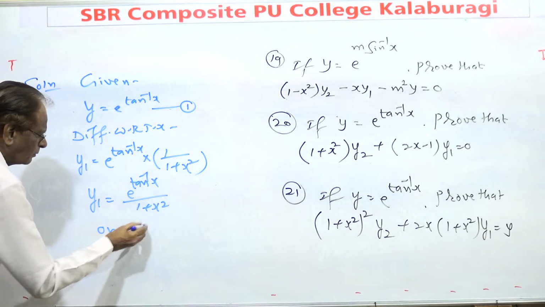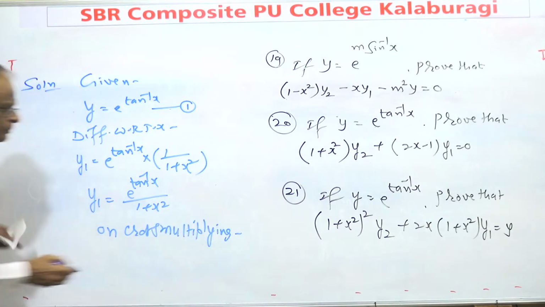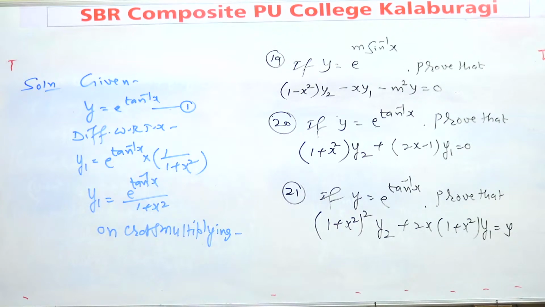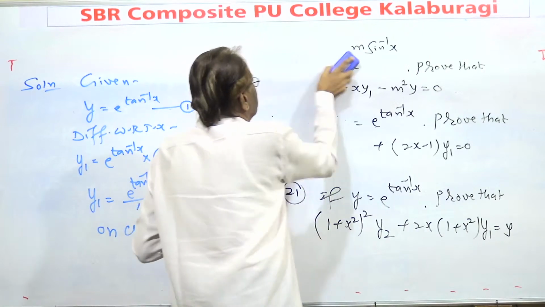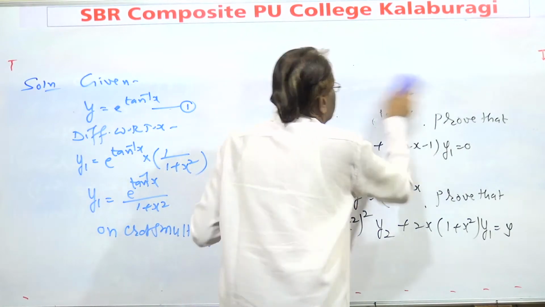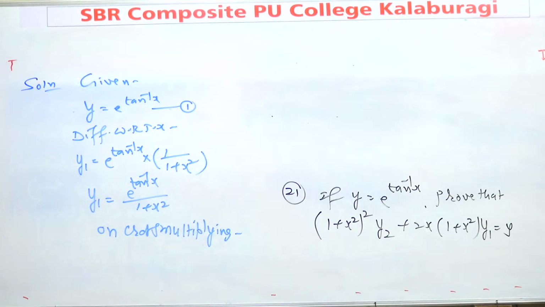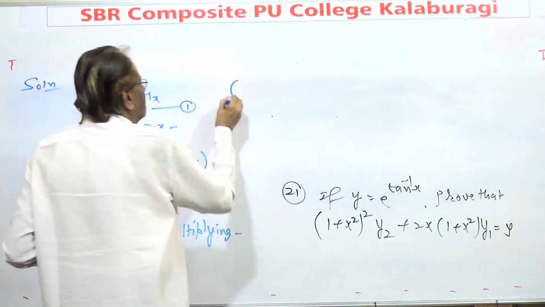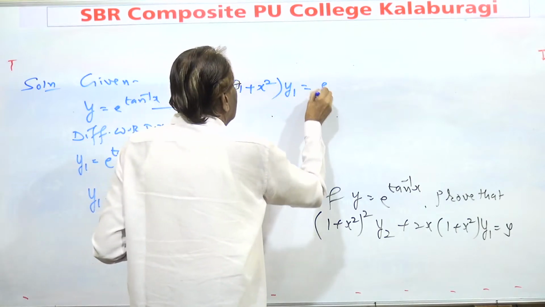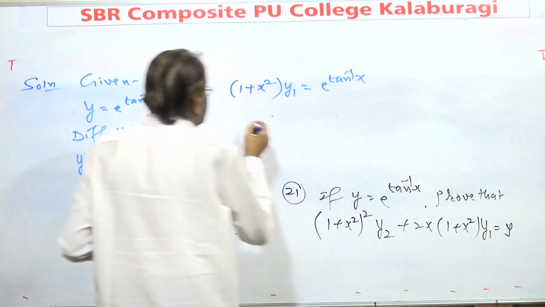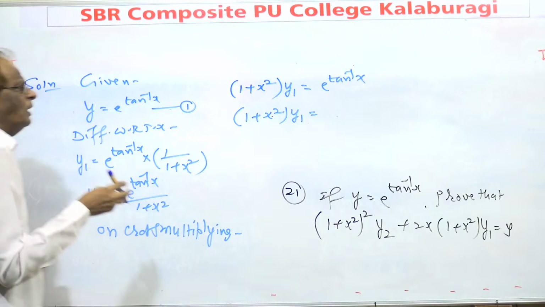On cross multiplying, one plus x squared into y1 equal to e to the power tan inverse x, which is y from 1.